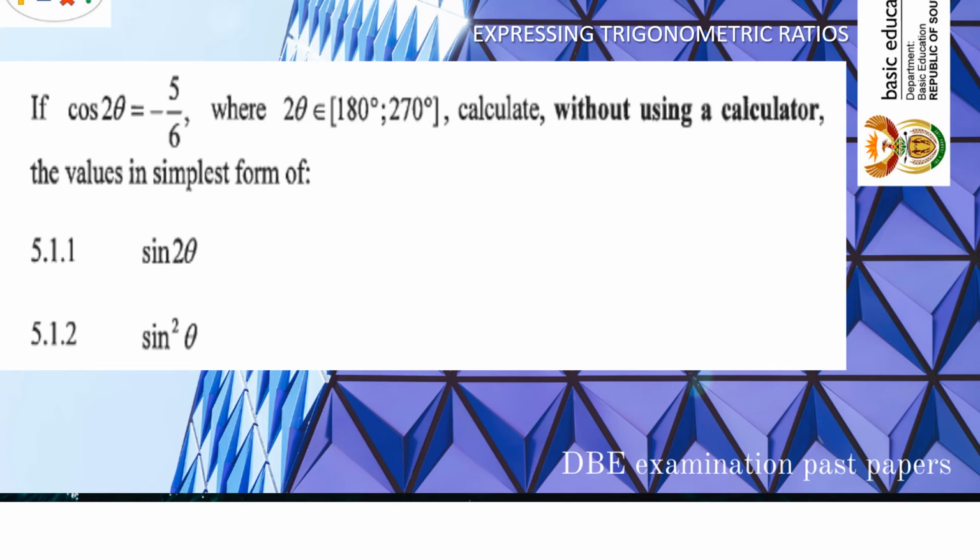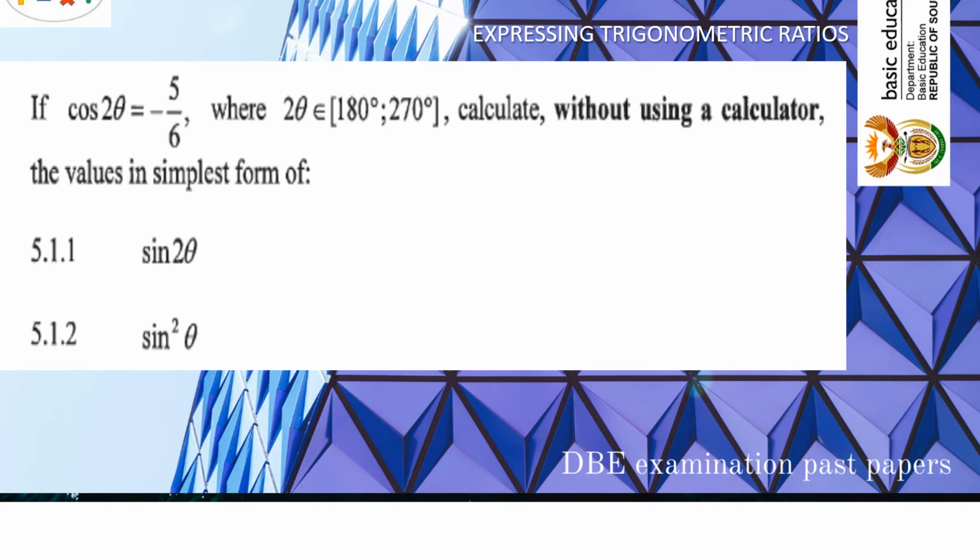This is the question you will likely find when you start question 5 in your paper 2. It is very rare that you get a question paper without this kind of question.